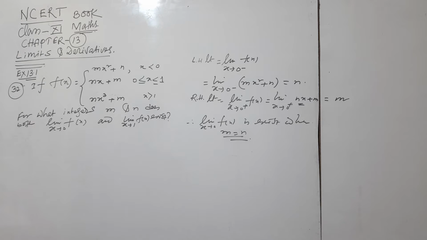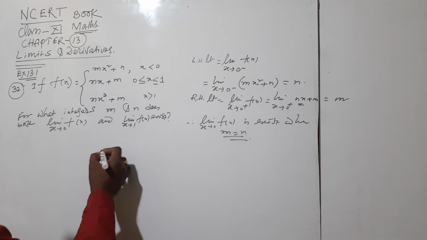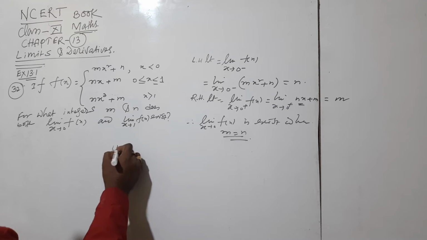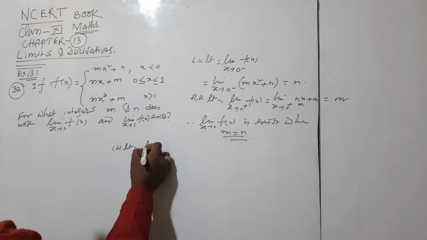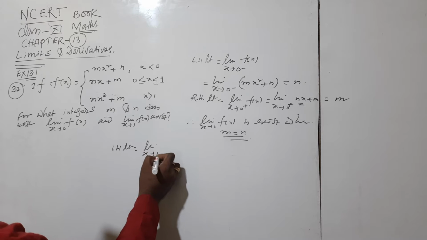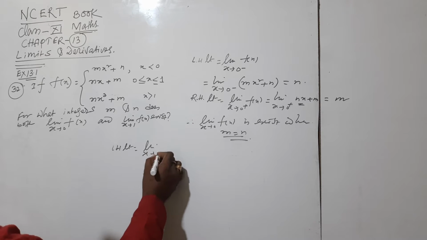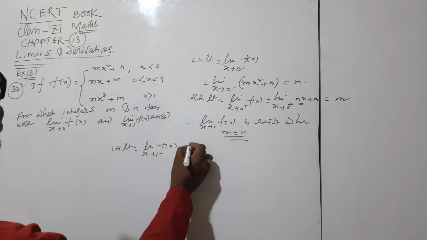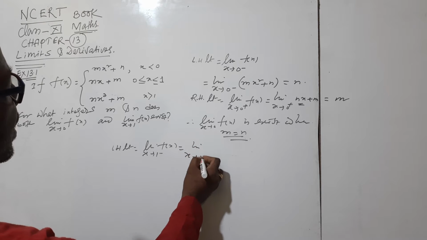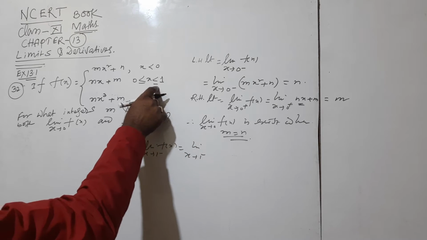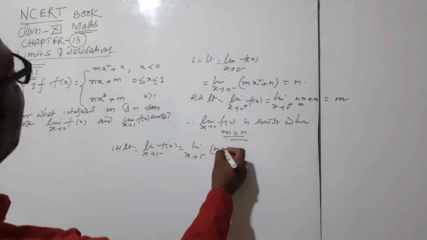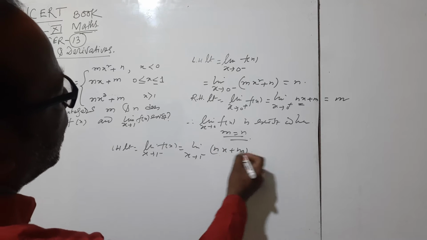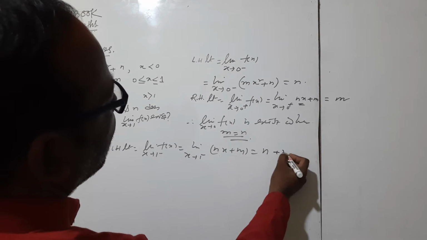Now furthermore, we have to find the value at 1. See what happens as x tends to 1. For the left hand limit, that is the limit as x tends to 1 minus of f of x, the case is x less than 1, so you put nx plus m, and that is n plus m.